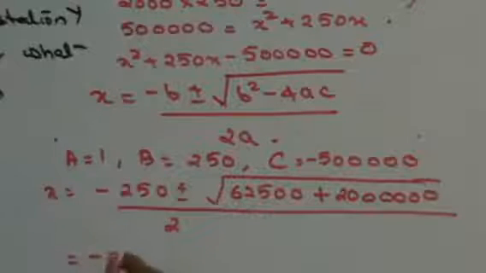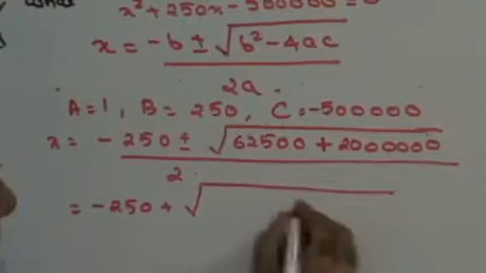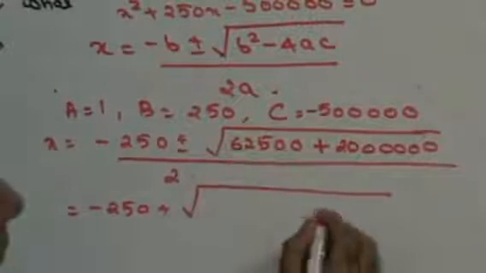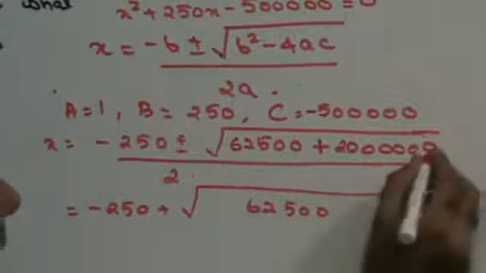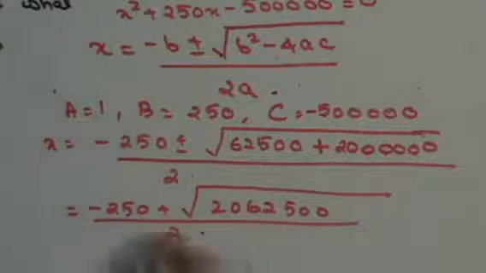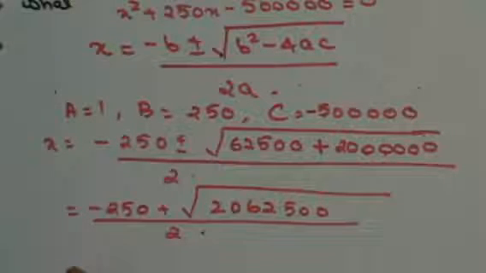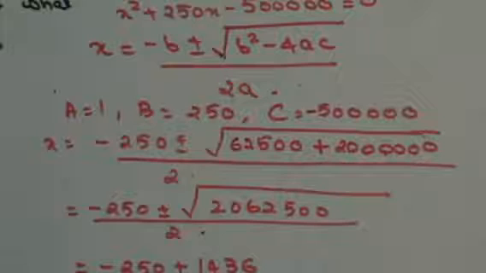So that will be minus 250 plus minus square root of the sum, upon this much. Someone get me the square root of 2,062,500. 1436.14. So read the 0.14 upon 2, right?